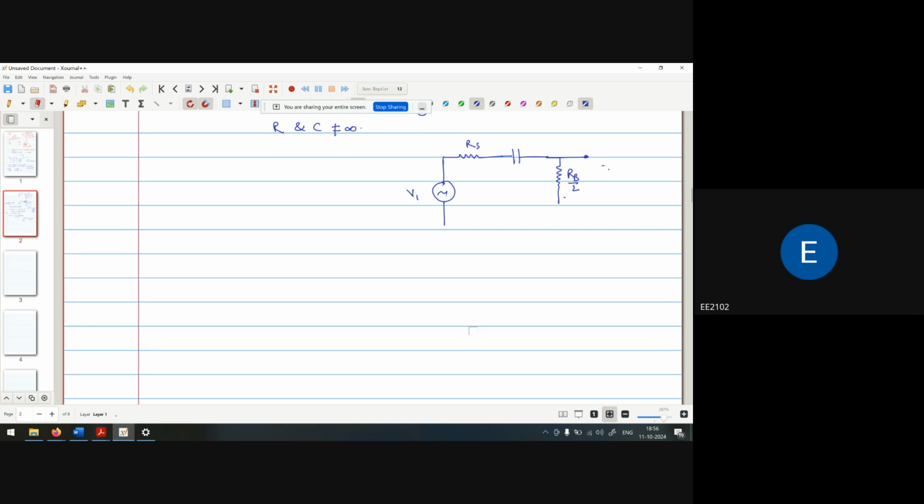We are taking this one as Vx. This is my circuit that I am using. This is grounded, this is grounded.